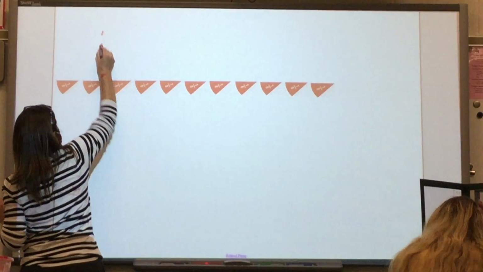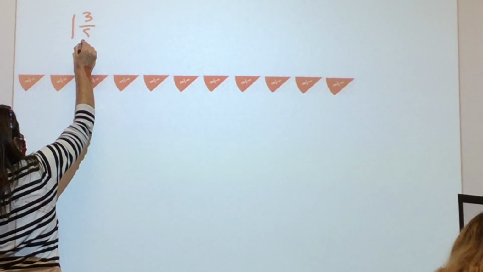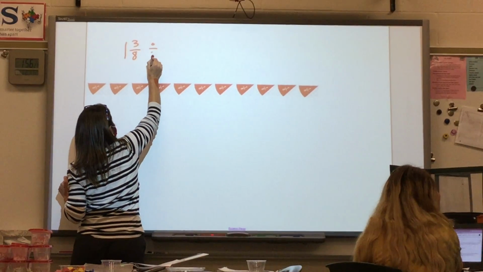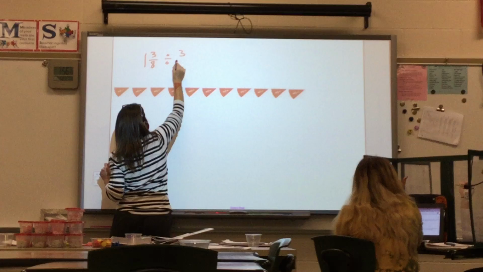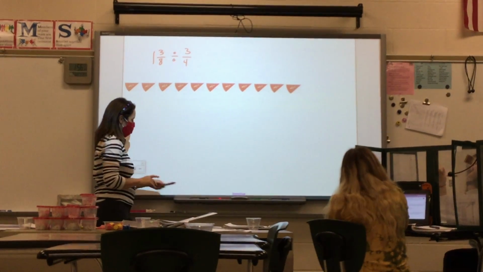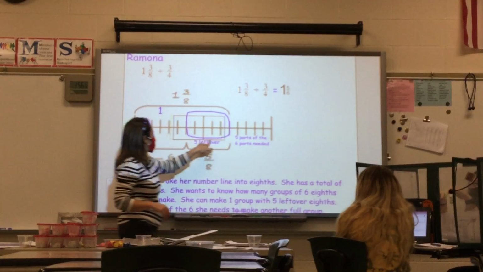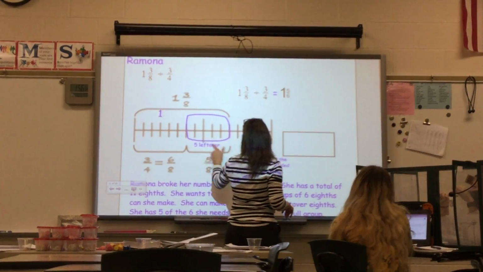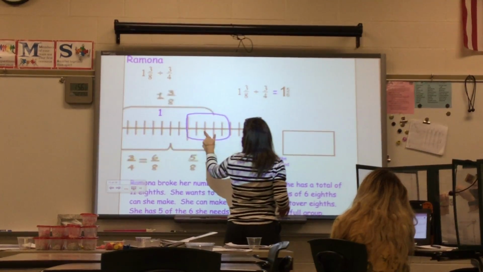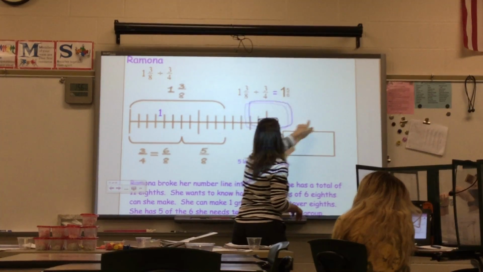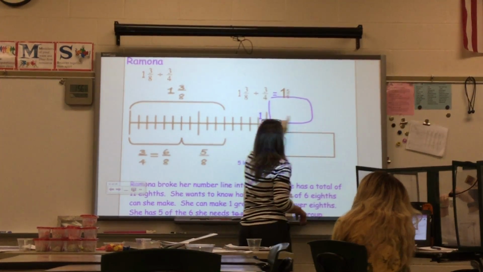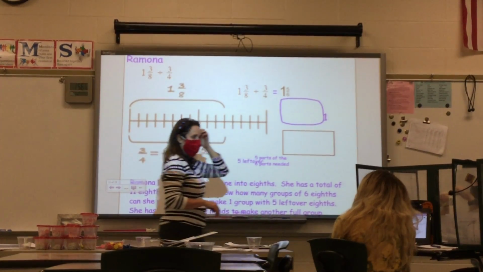Ramona is doing 1 3/8 divided by 3/4, right? Yes. So she first created a number line. She just made a number line.